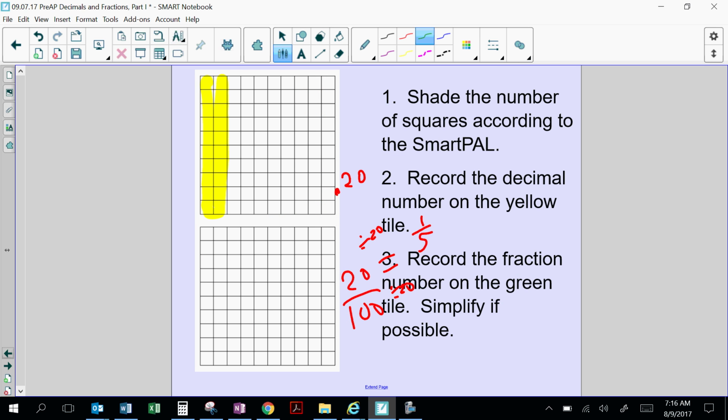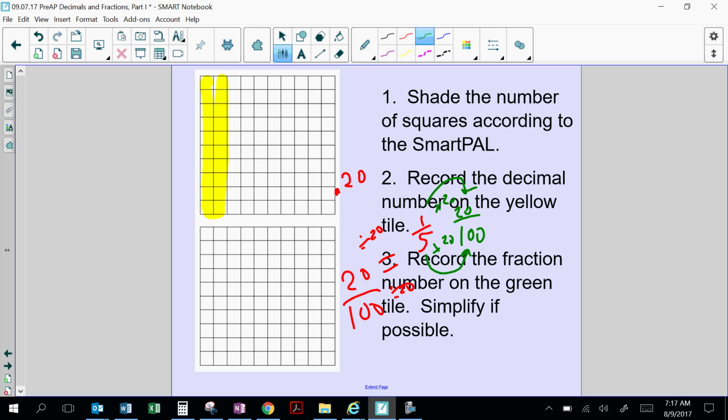Let's go back and look at the other example. In this example, someone may have simplified as 1/5. How can I use this 10 by 10 grid to help me find a decimal equivalent using the place value of hundredths? Can I build 5 to 100 by multiplying by 20, times 20?